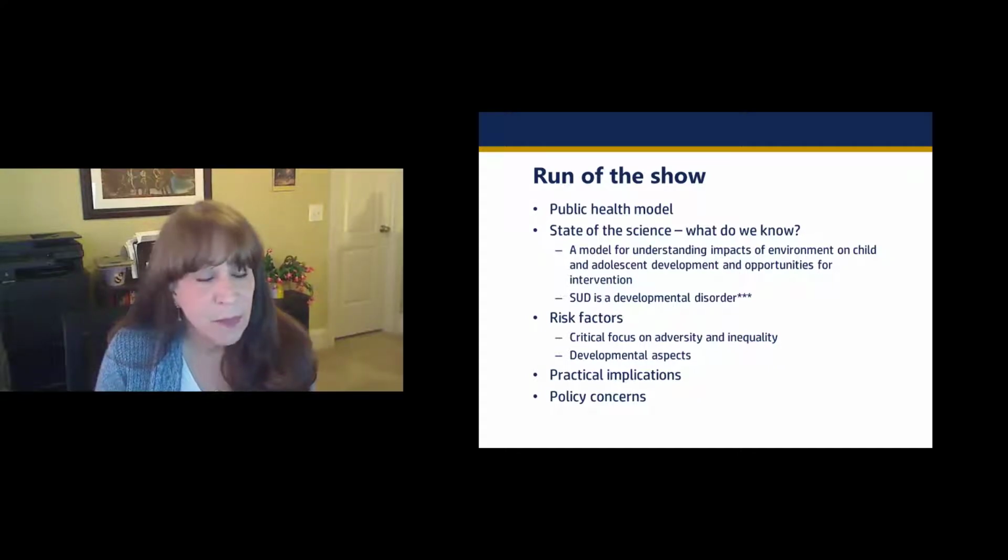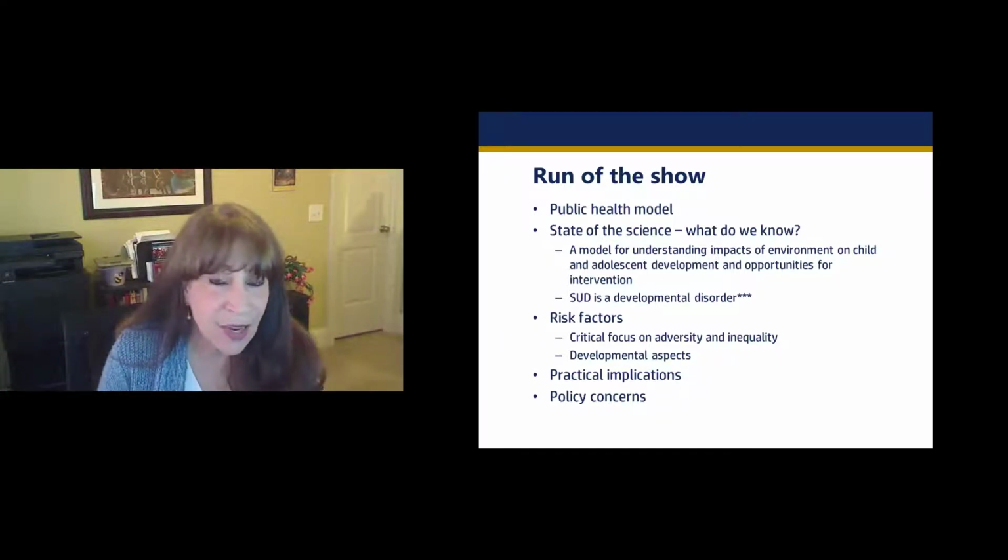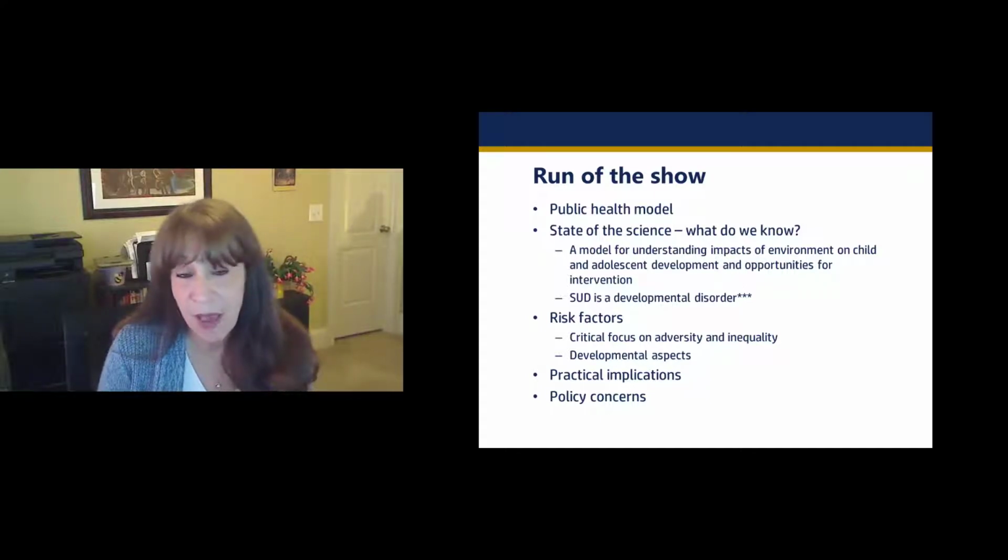One of the realizations about all of this is the value of prevention science and what prevention has to say about how to address the pandemic itself in terms of the spread of the virus, but also in terms of the disparities that we really need to address that contribute to problems, including substance use disorders.